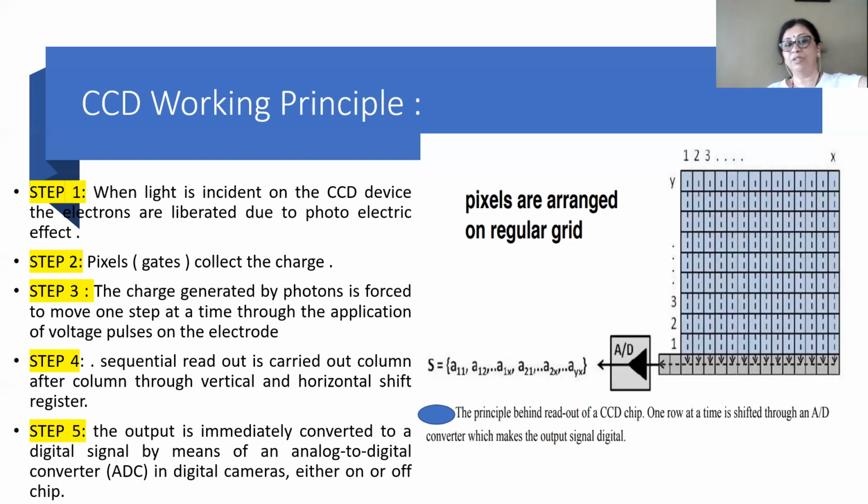To make it sufficient, the amplifier is used. So between analog to digital converter and horizontal shift register, that is at this location, there may be an amplifier. Okay, so these are the steps in which the CCD image sensor works.